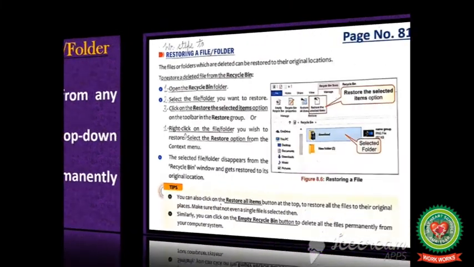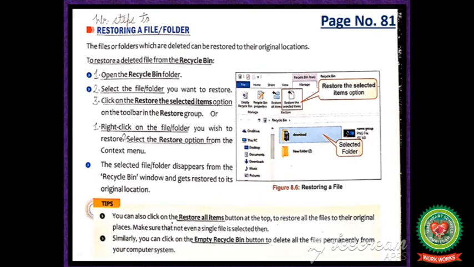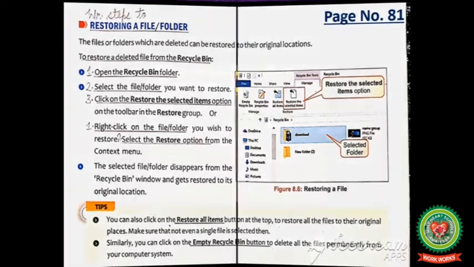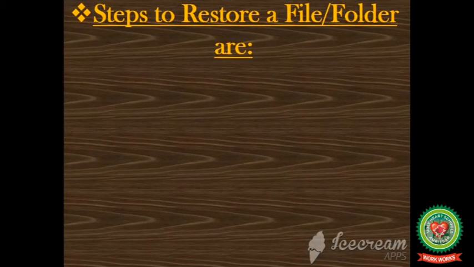And our next topic on page number 81 is restoring a file or folder. Students, restore means to bring back your deleted files or folders to their original locations. And we have two ways to restore a file or folder.